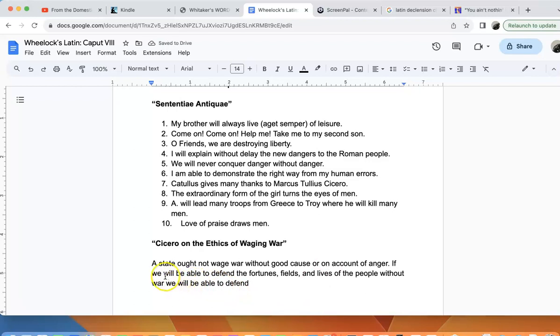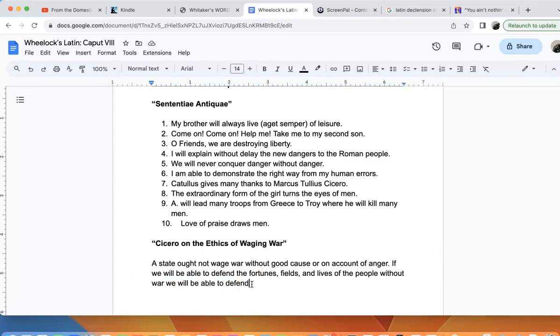Notice that English would probably say if we can defend, because English has an implied future tense, but we need to put it in the future tense because Latin tenses are more precise than English. And so for a Roman, they would not put it in the present tense, so we need it in the future tense. So a state ought not to wage war without good cause or on account of anger.